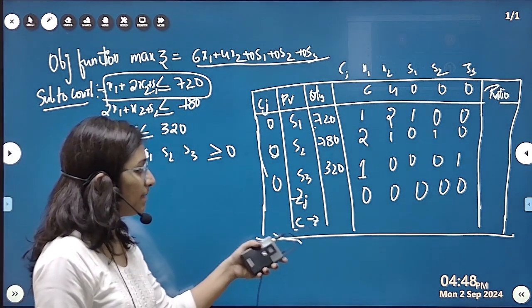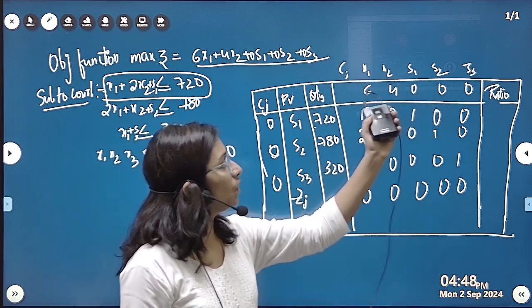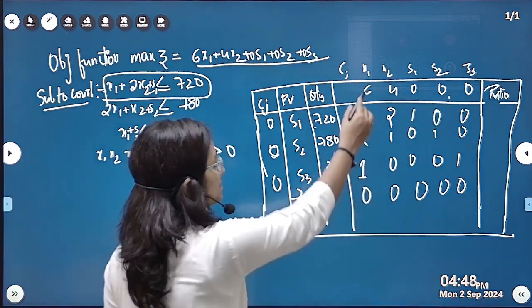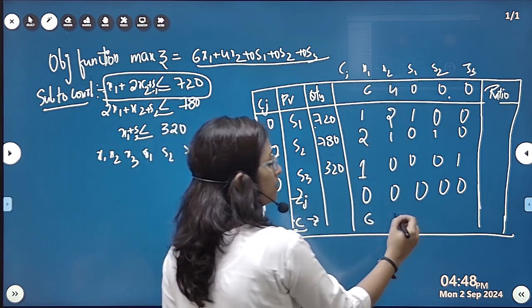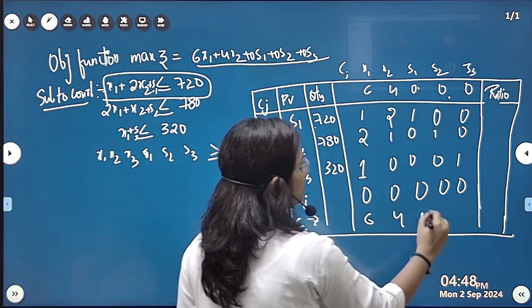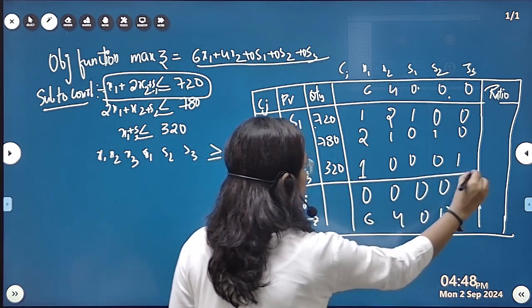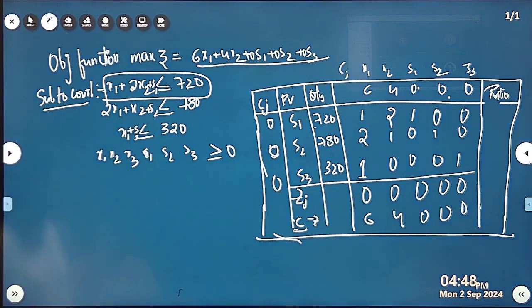While taking Cj minus Zj, we need to take the Cj values as here because all the variables' values are mentioned here. So tell me 6 minus 0, 6, 4 minus 0, 4, 0 minus 0, 0, 0 and 0. So till here clear? Copy it fastly.